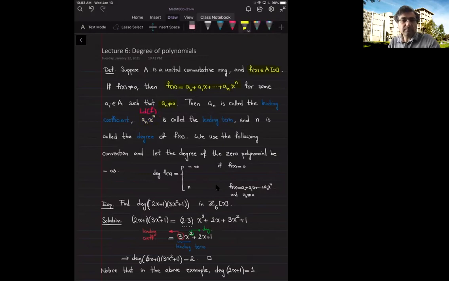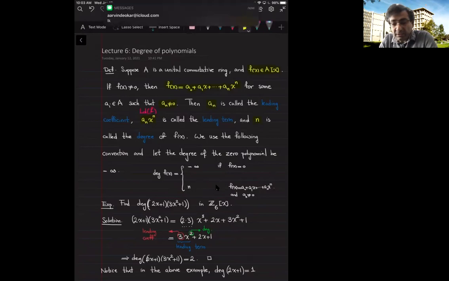The leading term has 2 pieces of information in itself. One of them is the coefficient, which we call the leading coefficient. This is the leading term. The other content that it has is the power, and the power is called the degree, the exponent.